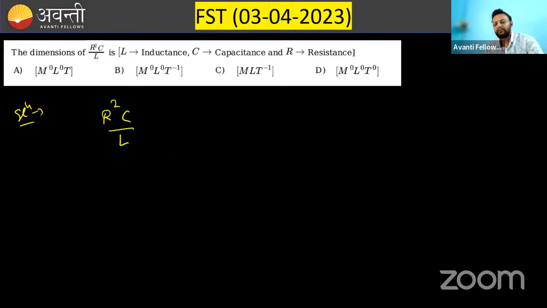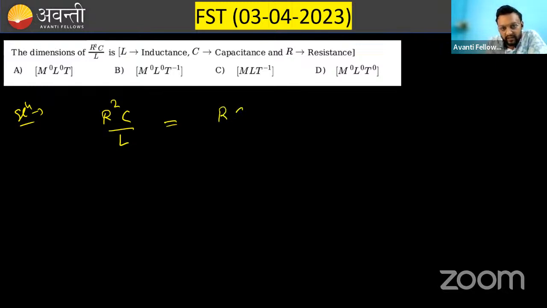Clear? Out of this, when you see this relation, you remember a term, time constant, that is RC. If you have studied LC oscillation and RL circuits, CR circuits, then there is the term RC. RC is known as time constant.